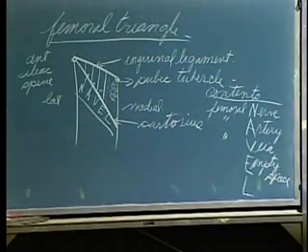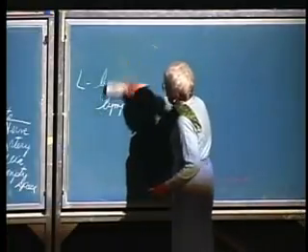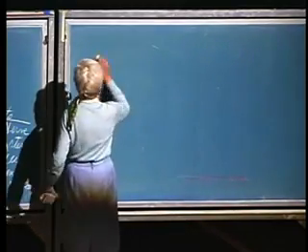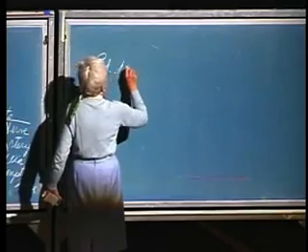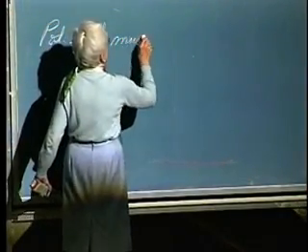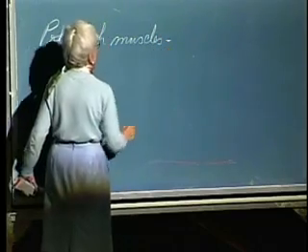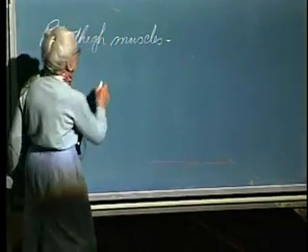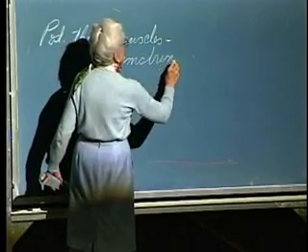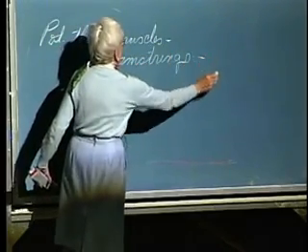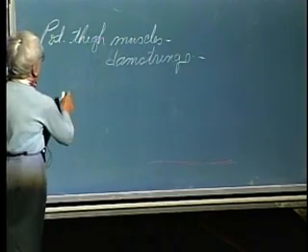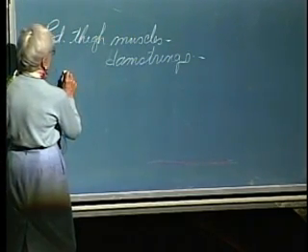So now then, let's look at the posterior thigh muscles. Continue with our muscles. Take the hamstrings. And the muscles that constitute the hamstrings on the posterior thigh will be what?